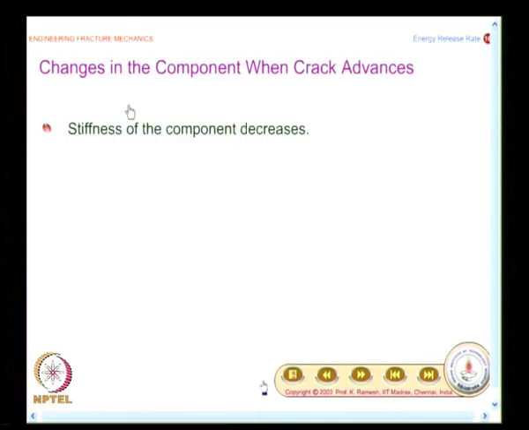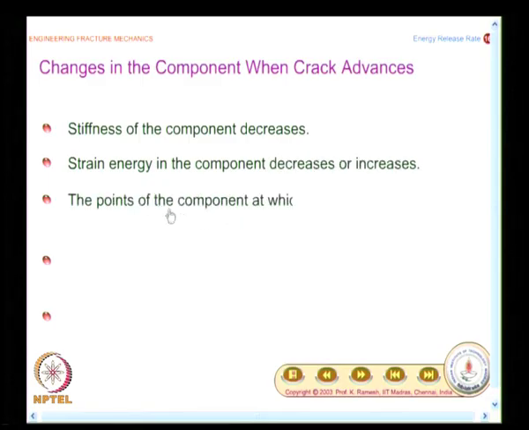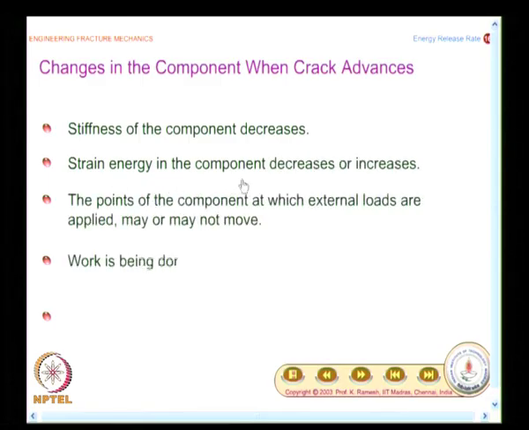And we have also looked at and asked a question, what are the changes in the component when crack advances? One obvious change which all of us could recognize easily is that stiffness of the component decreases. Then we moved on to look at whether strain energy in the component decreases or increases.